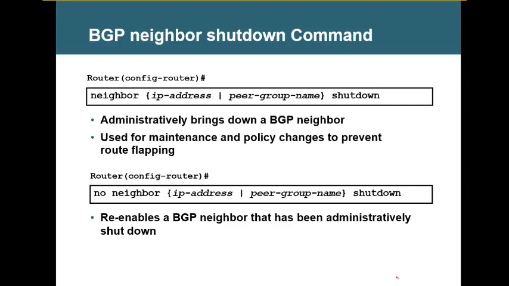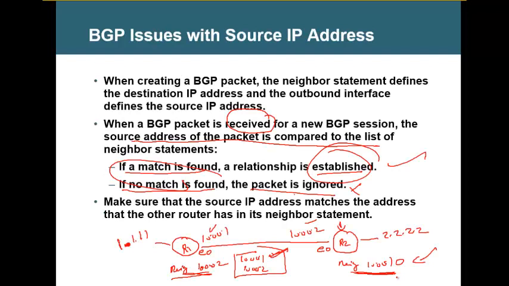And one important rule that we learned is the BGP packet source address must match with the neighbor's neighbor list, so that when a neighbor receives a packet, it will look for the source address to match with its own neighbor list. If a match is found, only then is the neighbor established. If not found, the BGP packet will be simply ignored. So we need to make sure that the source IP address matches with the other router's neighbor statement.